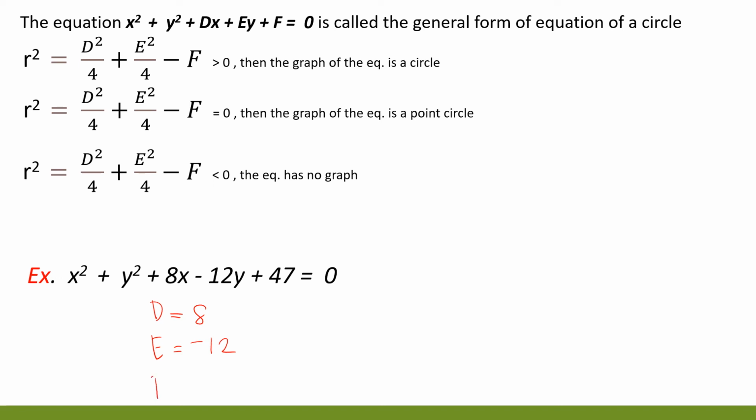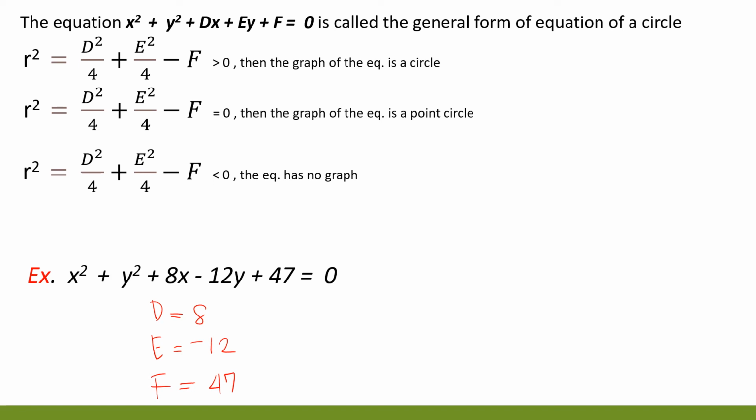Our F is positive 47. There are instances where D has no value. Let's say there is no 8x, so that means your D is 0. But since we have 8x, the value of D is 8. But if there is none, the value of D is 0.